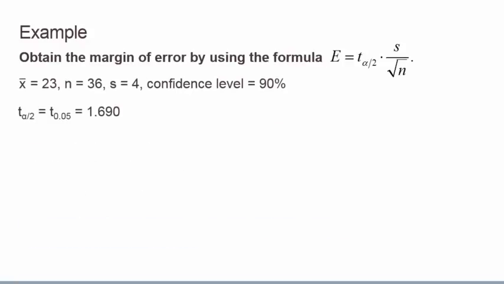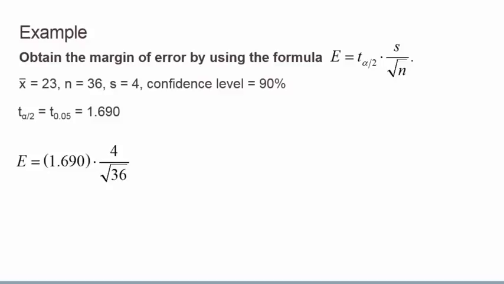Continuing with our example, we want to obtain the margin of error by using the formula. E equals t sub alpha divided by 2 times s divided by the square root of n. Mean is 23, n is 36, standard deviation is 4, and t sub alpha divided by 2 equals 1.690.